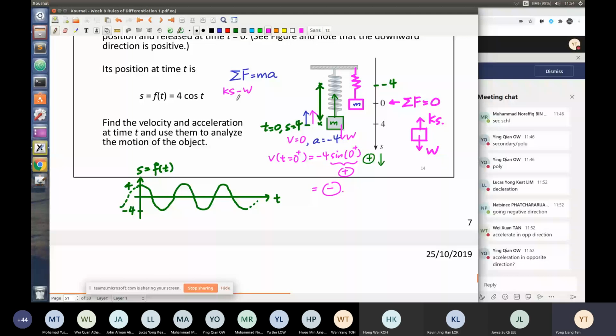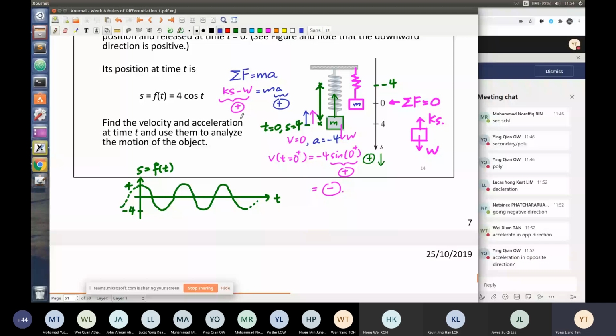When this is net positive on the left hand side, on the right hand side it must be net positive as well. m is a constant, so this a must be positive. But you can expect that actually this is negative, because upwards minus down, so up is negative.